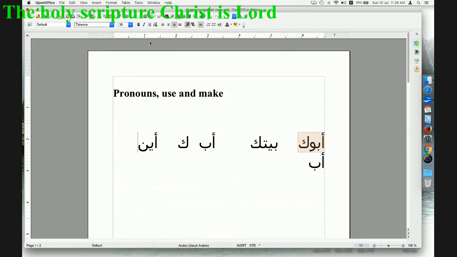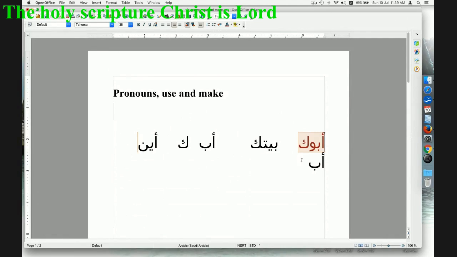We don't say abak. Let us make it a different color. This is street language. All right. Don't forget, you can click at the chat, and you can share with us if you have any question.